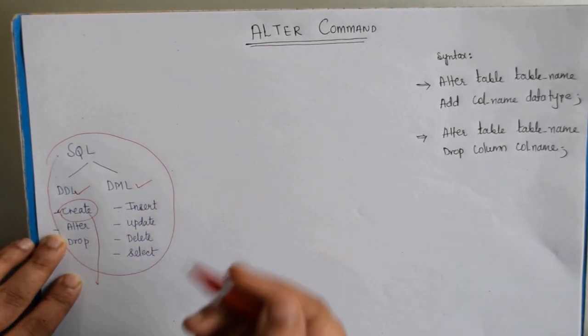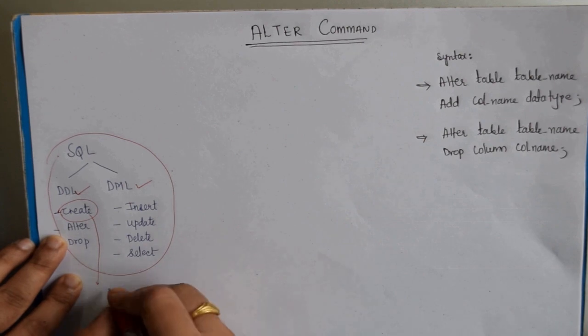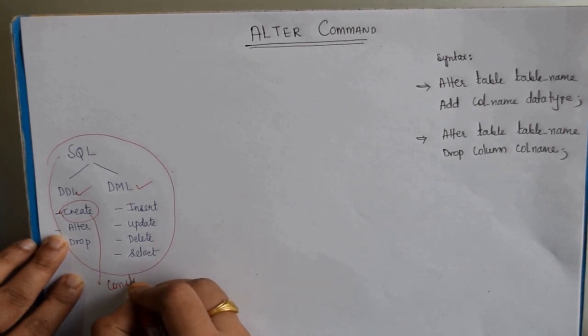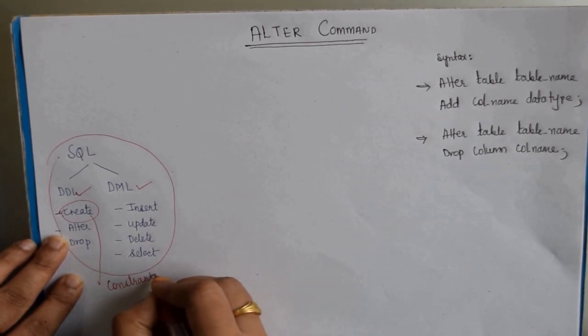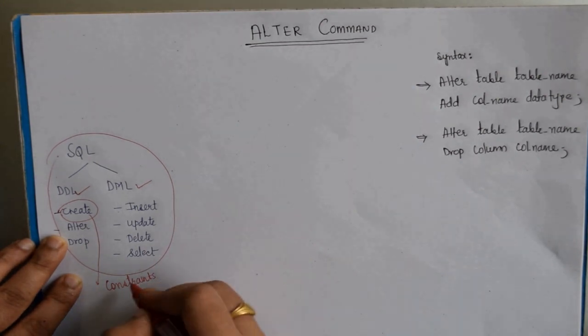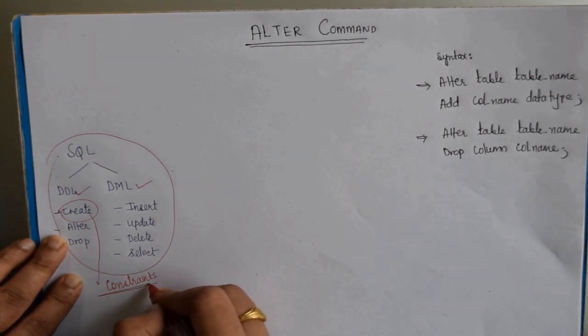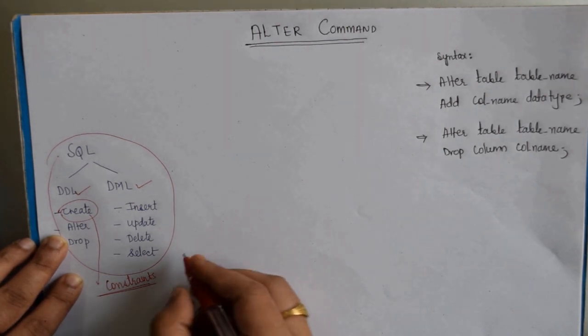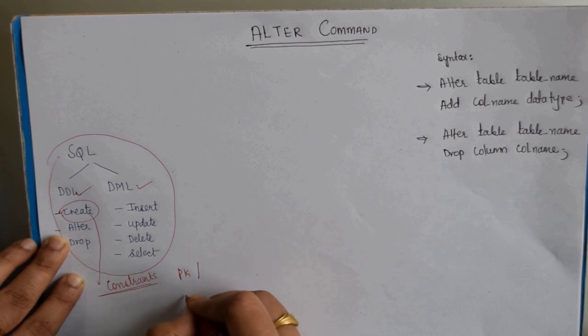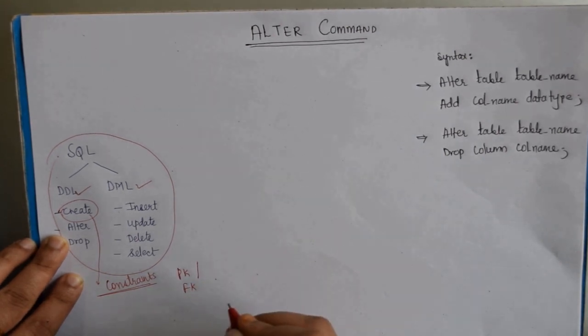Then after that we have learned what is constraints and different types of constraints. Then we have seen how to create table with the help of different constraints. Then we have seen how to create multiple tables with the help of primary key and foreign key constraints, correct?